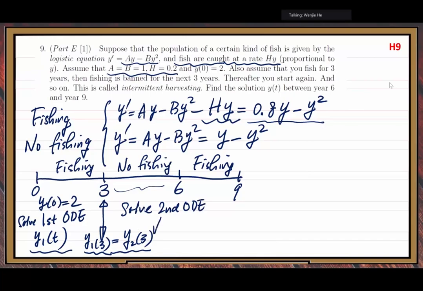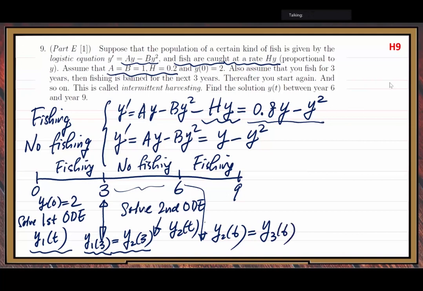Then you get y2 of t. But for y2 of t, you want the value at y2 of 6. That is the initial value of y3 at 6.